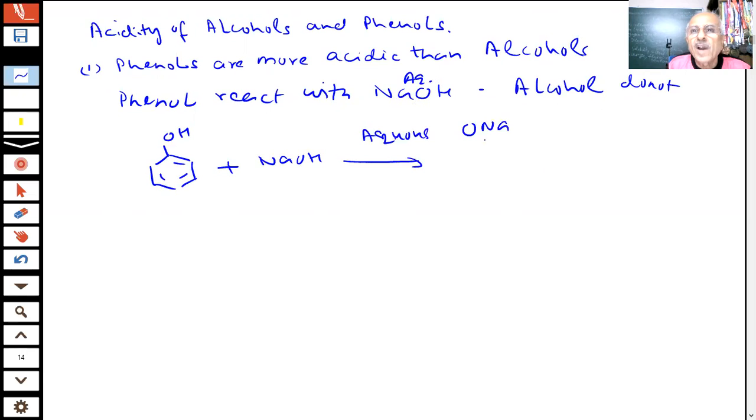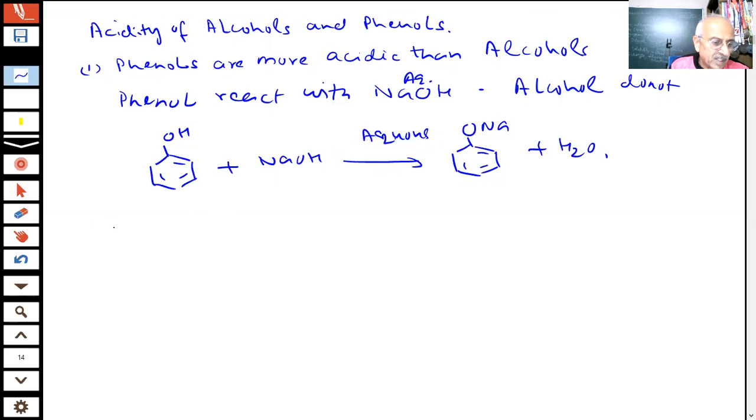You get ONa, and then OH minus and H plus will give water. So this is a reaction which distinguishes alcohol and phenol, students. Sodium phenoxide is formed with aqueous sodium hydroxide, but normal alcohols do not form this, which shows phenol is more acidic than alcohols.